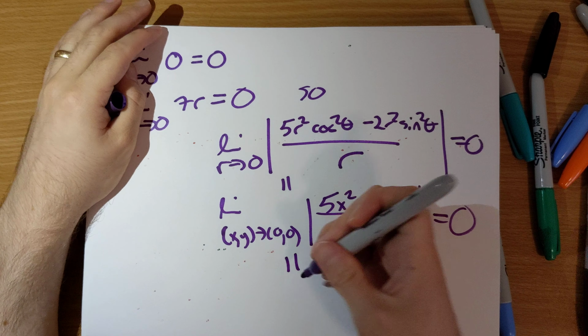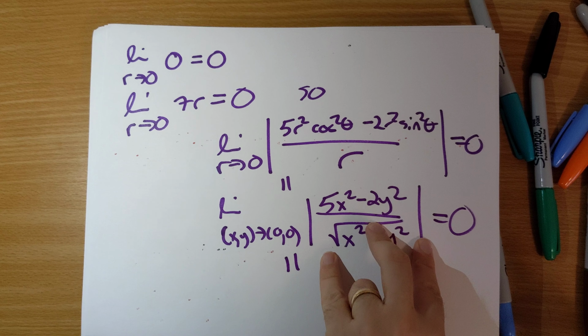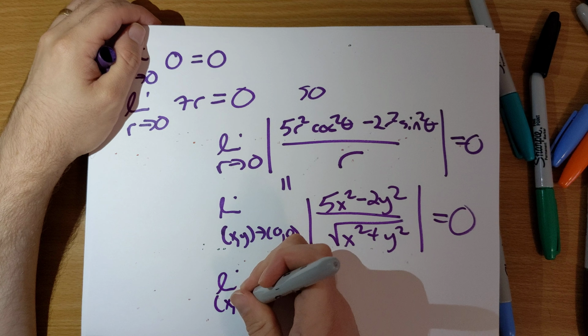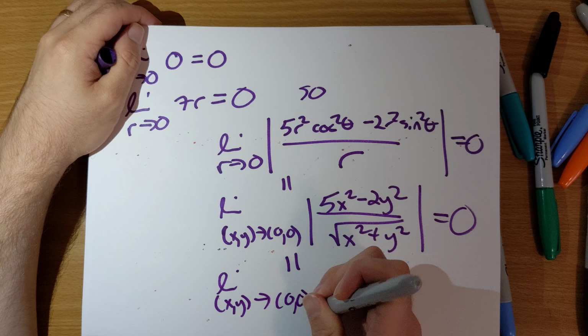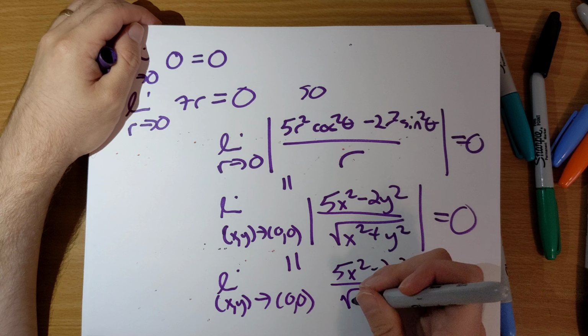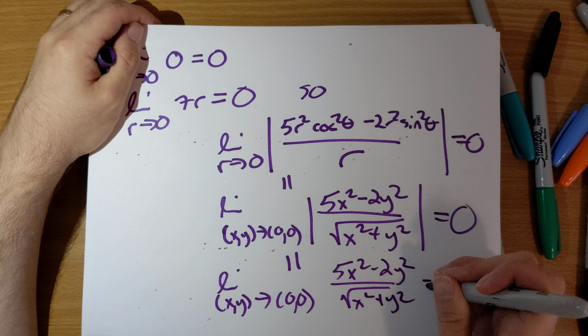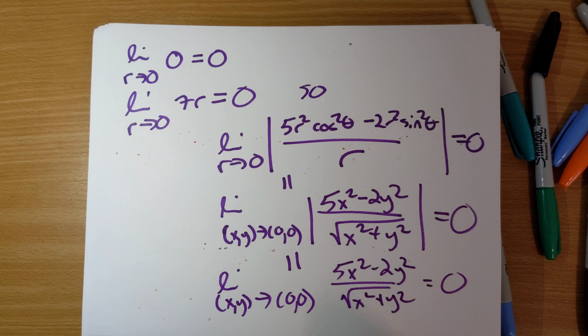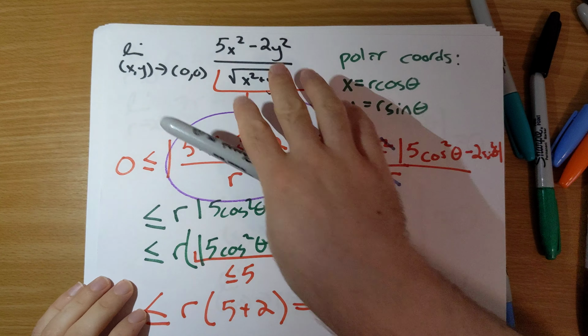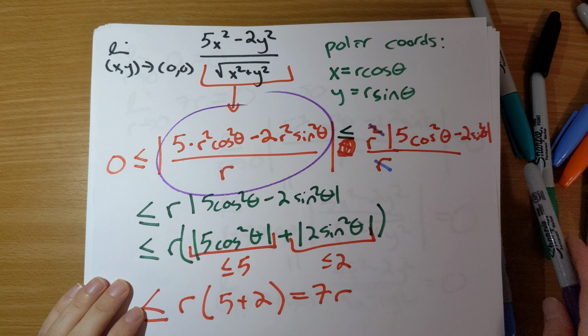And the final thing here is that the limit of this with absolute value bars on it equals 0 if and only if the limit of it without absolute value bars on it equals 0. And so that shows how we can use the squeeze theorem, sandwich theorem, and polar coordinates to show that this limit here does exist. This is my preferred way of showing that this type of limit does exist.